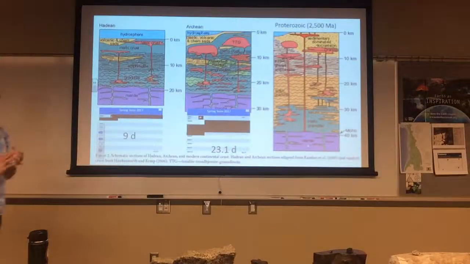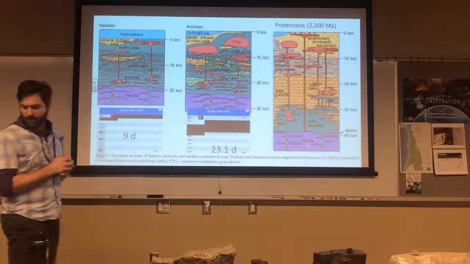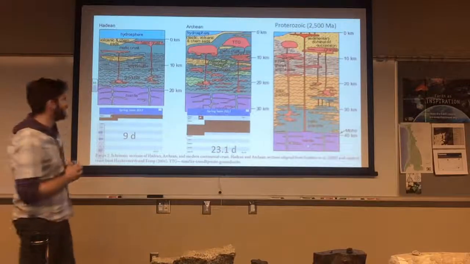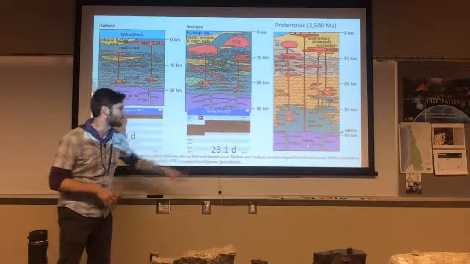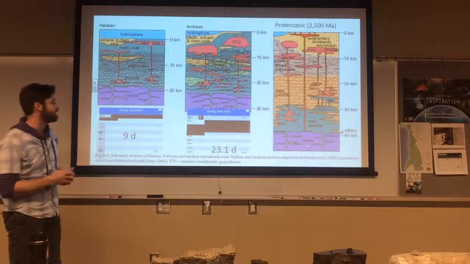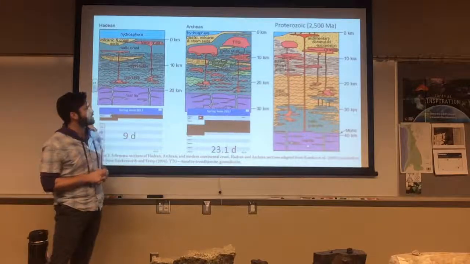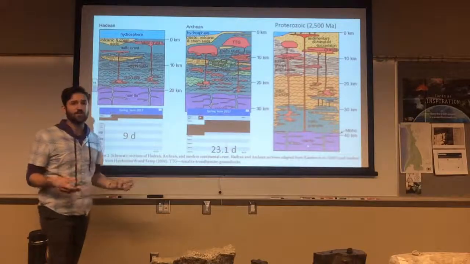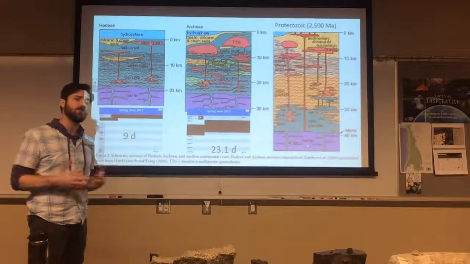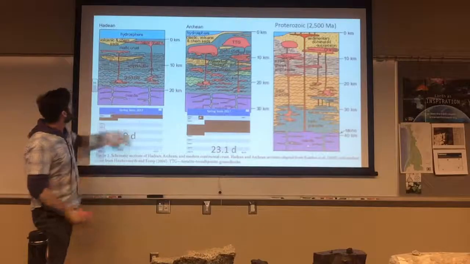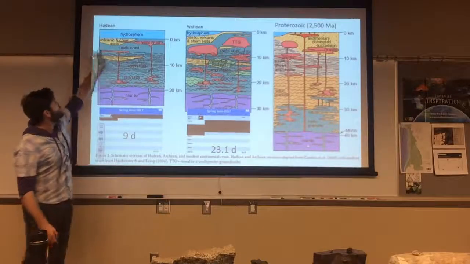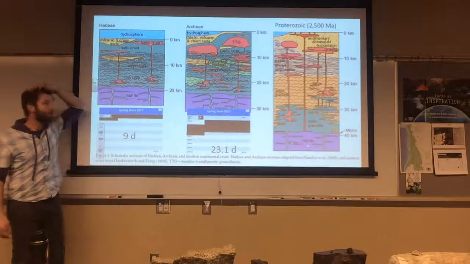Okay, so this is a paper, excuse me, I don't think I have the reference down here, but this is referencing two different diagrams. This is a paper from a few years ago focusing on the development of the Archean crust, or the development of oceanic crust through time. And the first image here is the Hadean time period.